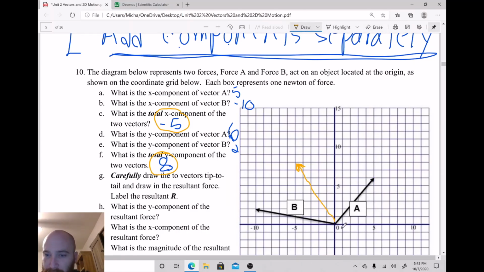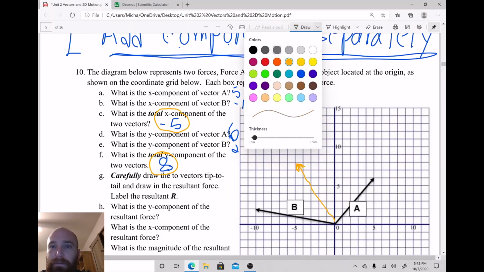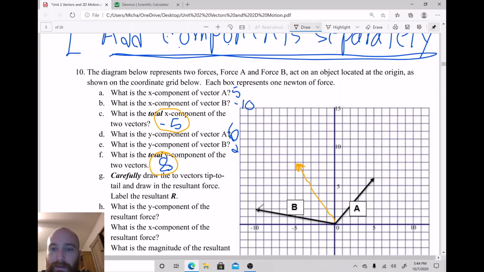Okay, A looks like, again, we have to redraw it perfectly. So just as much across, just as much up. It looks like it goes 5 across, 6 up. So if I started here, and again, I have to redraw A perfectly, it has to go 1, 2, 3, 4, 5 across, and 1, 2, 3, 4, 5, 6 up. So I'm just going to redraw it. Let's do a different color here. This is vector A. Oh, no, I messed that up.